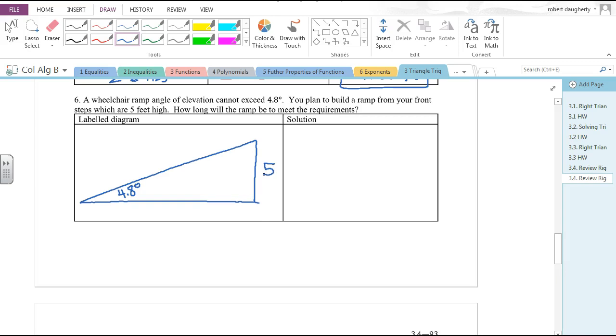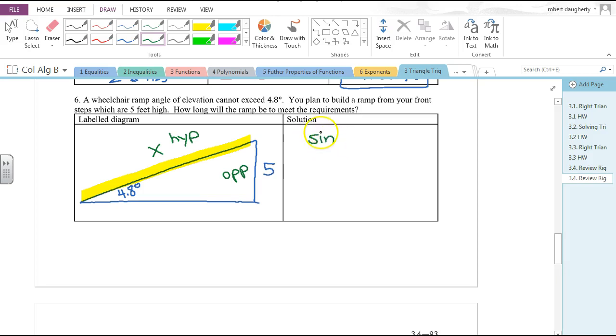So the ramp, this is your ramp right here, is what I'm after. How long will that be? Well, when I look at this 4.8 degrees, it looks like I've got information about the opposite, and I need to know the hypotenuse. That trig function is the sine function.